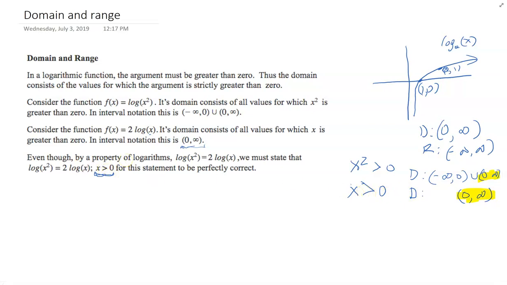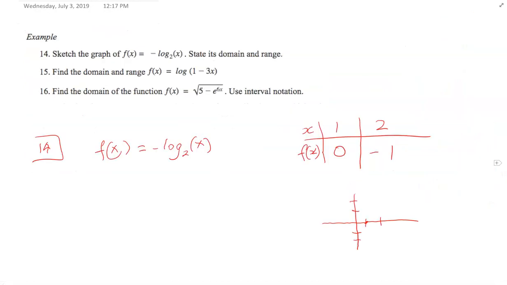Let's look at an example working with finding domains of functions. Now suppose we ask to graph f of x is equal to negative log of 2x. Remember we said that our graphs of basic log functions will always pass through the points (1, 0) and then (whatever the base is, 1).